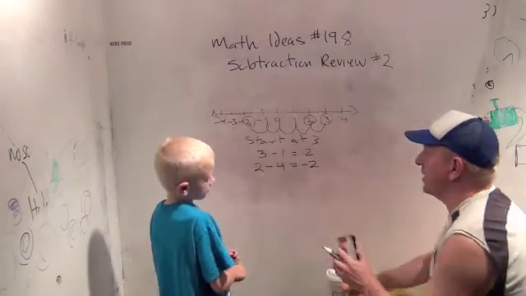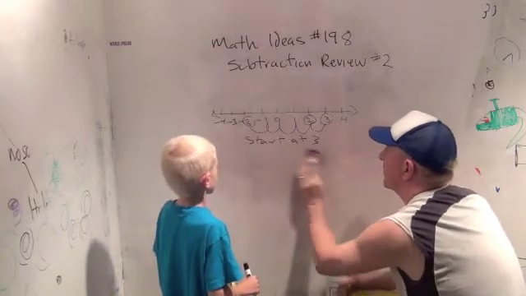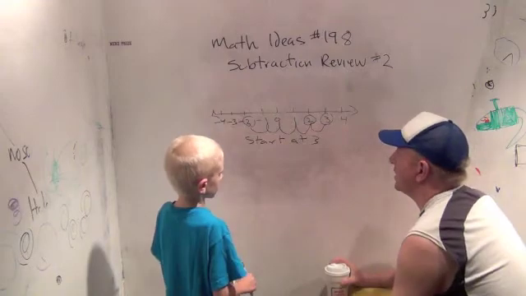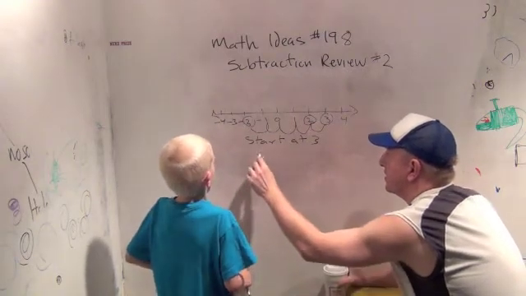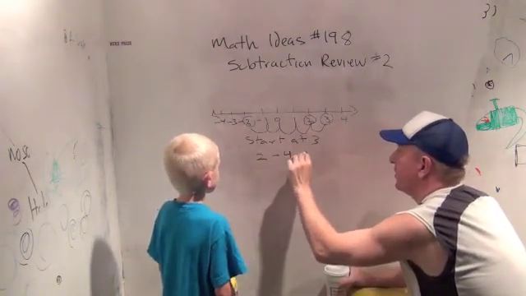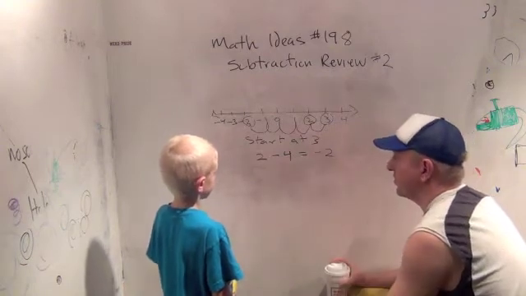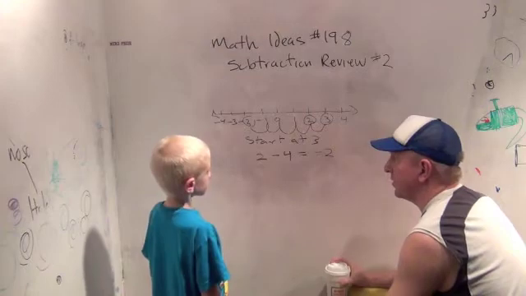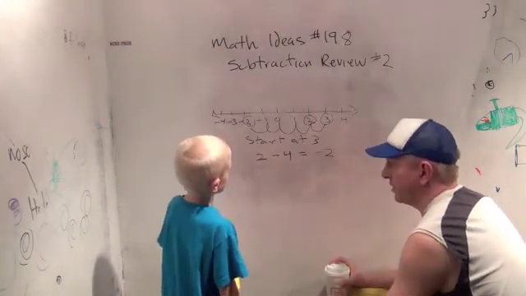Okay, so what if I did, well, let's see, we said 2 minus 4 equals minus 2, right? Let's do one more on our number line, and then we'll talk about one other thing. Okay, give me another subtraction problem, make one up.